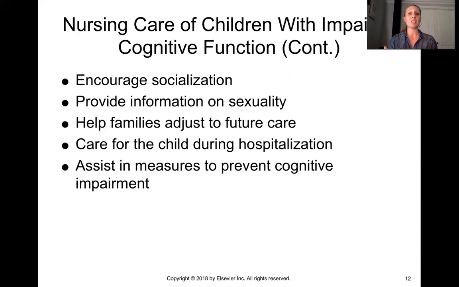It's something that we need to be aware of and intervene with, and we need to address. So as a nurse, please don't be that nurse who ignores your cognitively impaired patient, whether it's a child or an adult. We want to interact with them, provide them play. We want to make sure they're not isolated. And we need to address what their abilities and inabilities are.